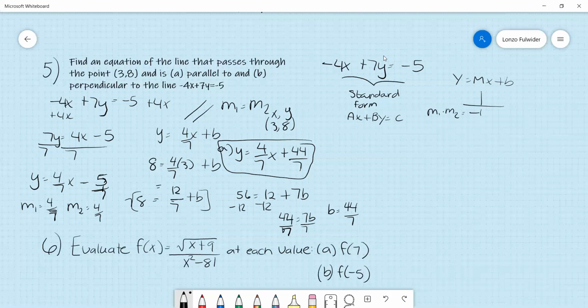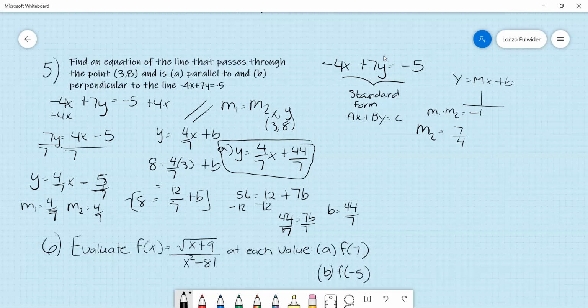So m2 should be the negative reciprocal of m1. So m1 is 4/7. Let's find m2. So m2 must be the negative reciprocal of m1. The reciprocal of 4/7 is 7/4.